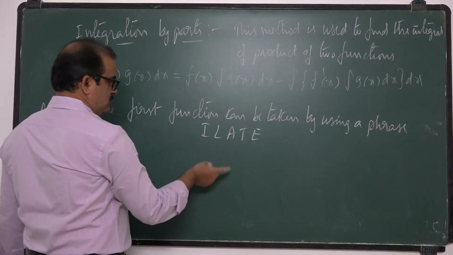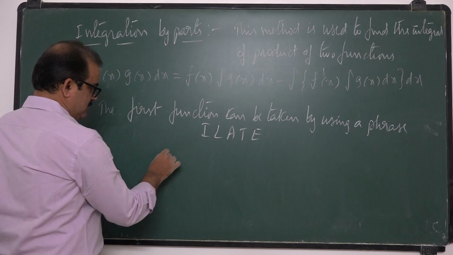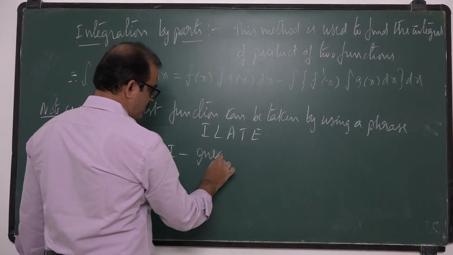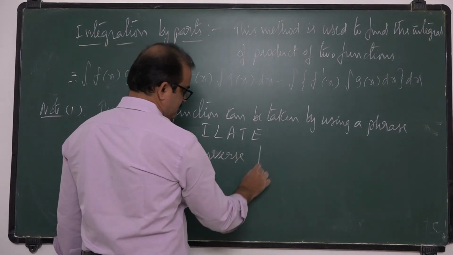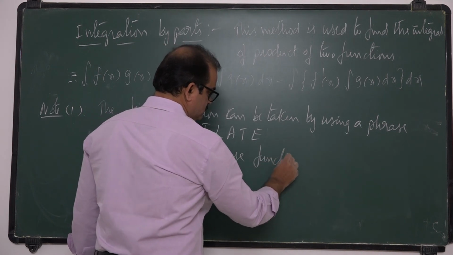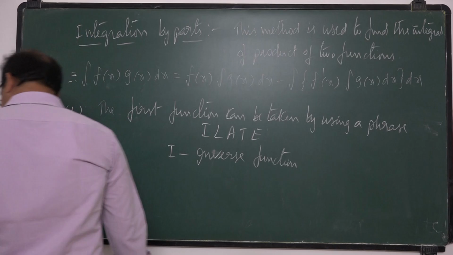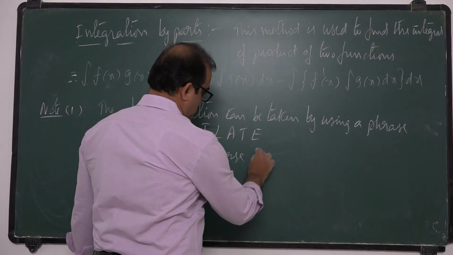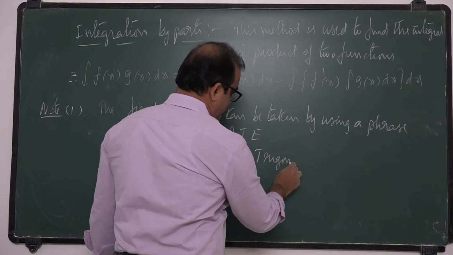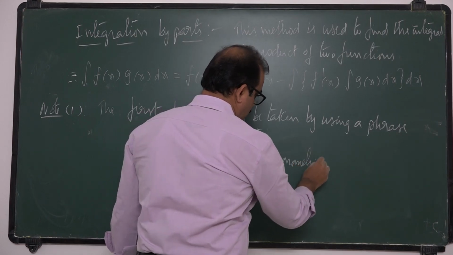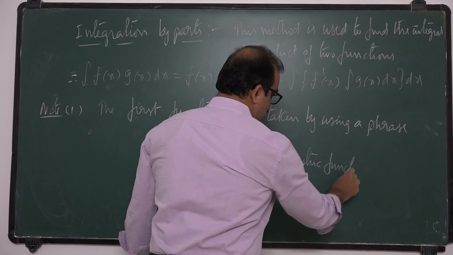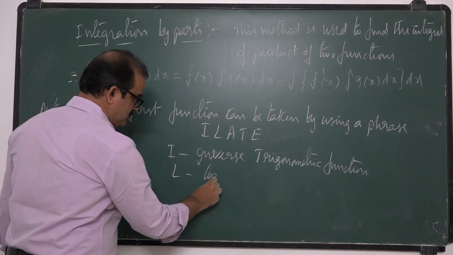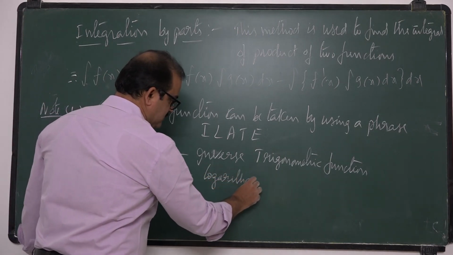Here we take each alphabet separately. I stands for inverse function, or inverse trigonometric function. L represents logarithmic function.